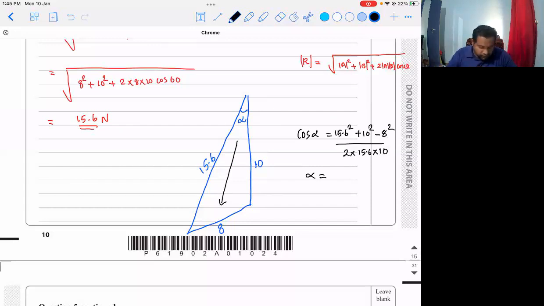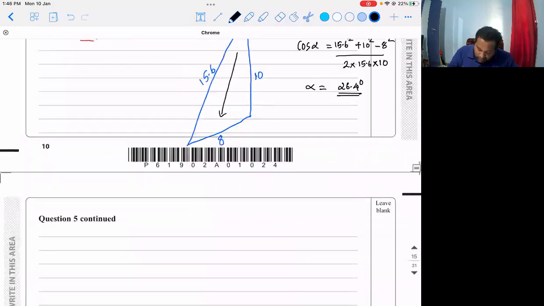15.6 square plus 10 square minus 8 square divided by 2 times 15.6 times 10. Then take the cos inverse of your answer. The alpha is 26.4 degree.